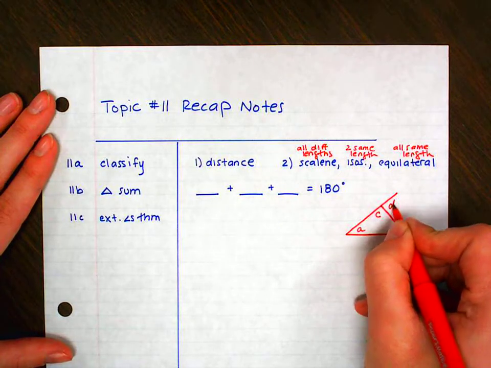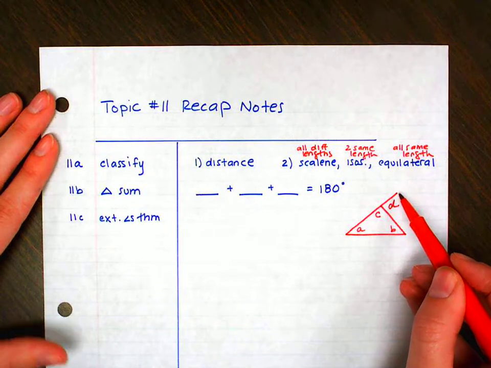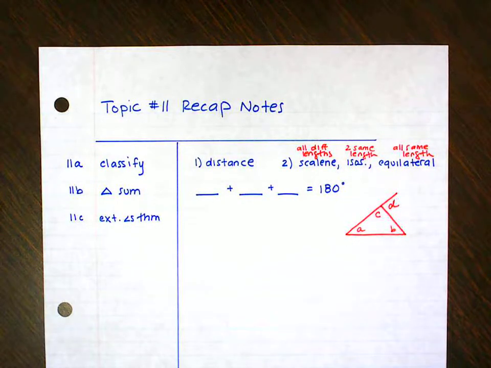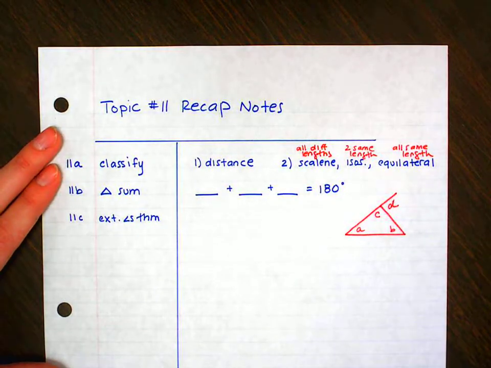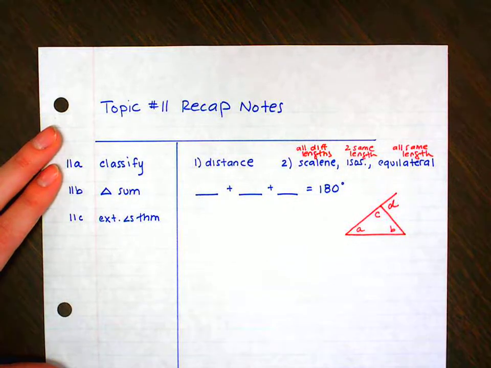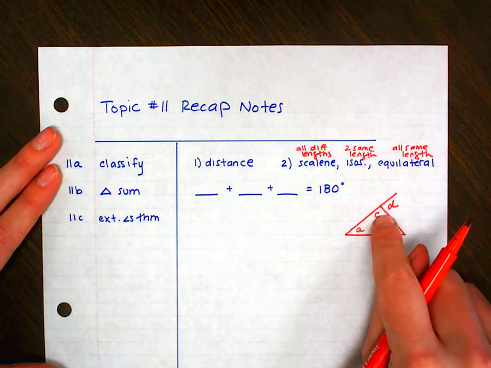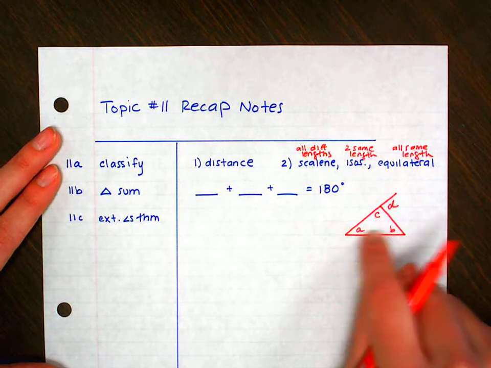We also know that if we have an exterior angle, it's created by extending one of the sides of the triangle. These add up to 180 because they're a linear pair. And in class, we did a proof to show that this exterior angle here is equal to the sum of the remote interior angles. Remote, we just mean it's away from the exterior angle. So this is the interior angle that's directly next to the exterior angle. These over here are the remote, the ones farther away.